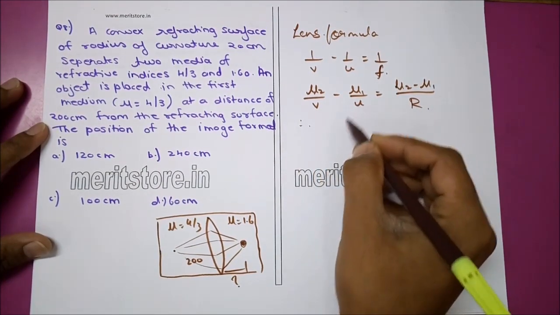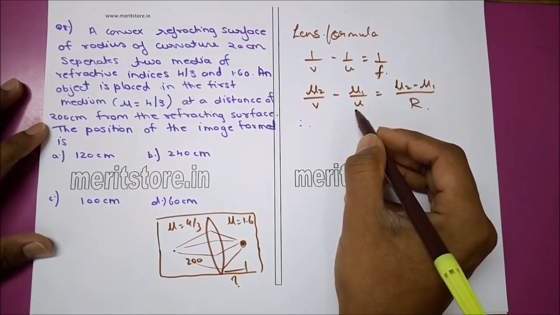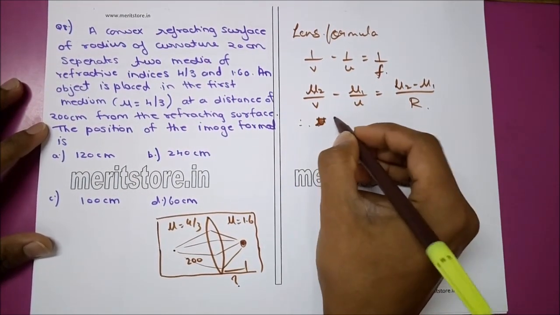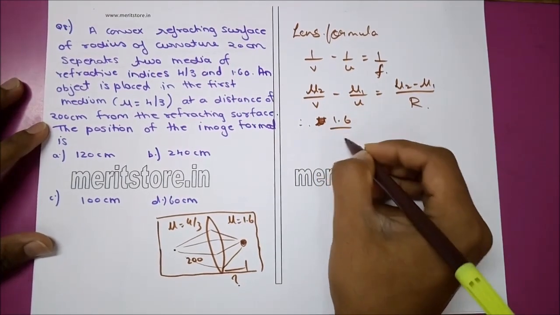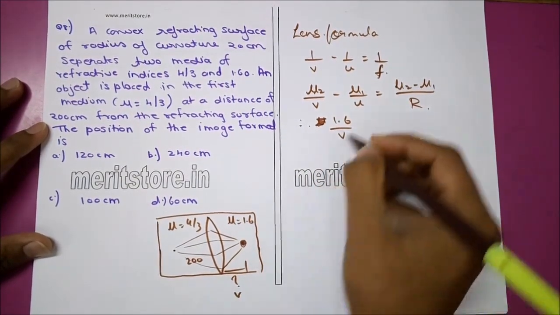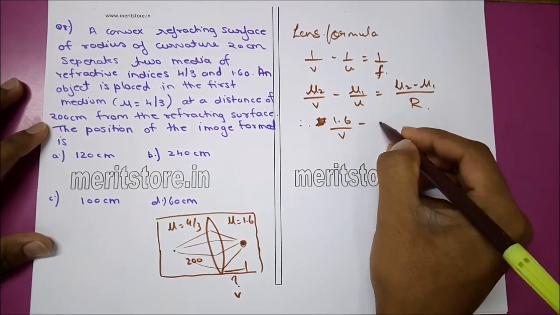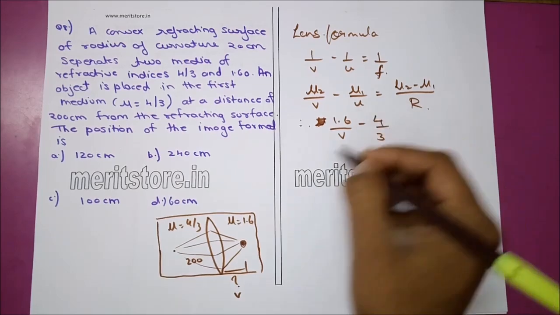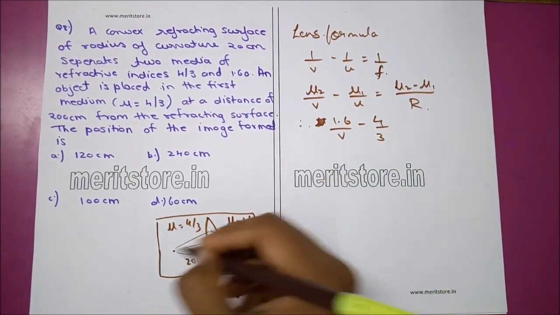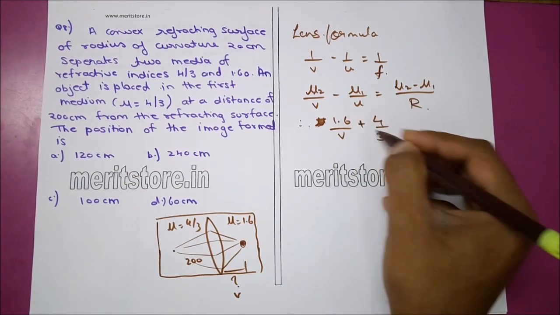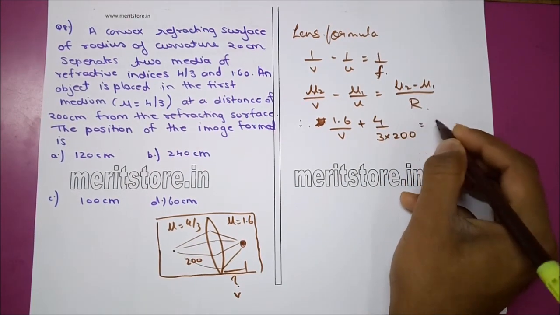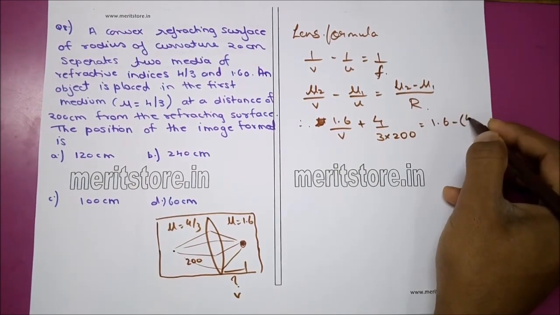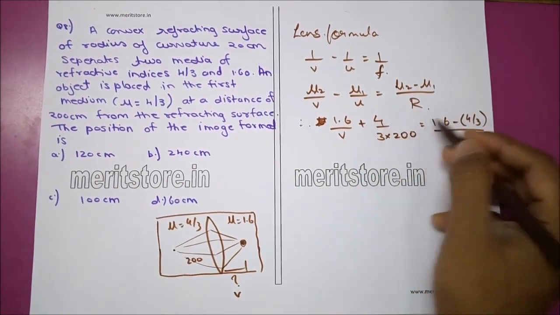So therefore the object distance is 200 and since it is to the left, we will write mu2, which is 1.6, upon v, that is the distance we need to find out, minus mu1, which is given as 4 by 3, and since the object is placed at a distance of 200 towards the left, this minus would become a plus, is equal to mu2 minus mu1, so 1.6 minus 4 by 3 upon r.